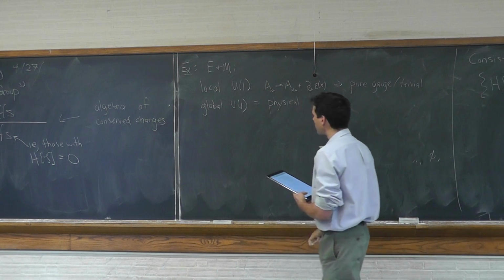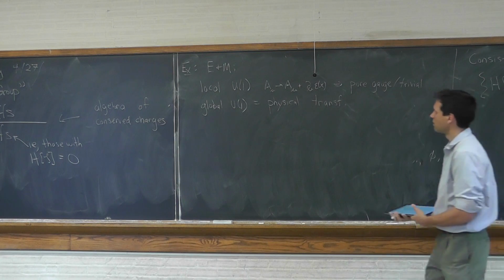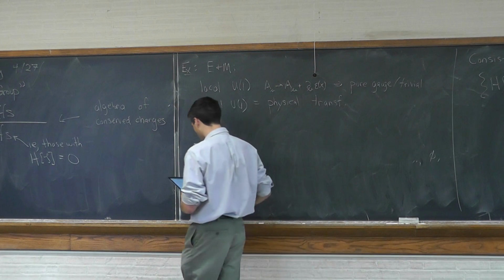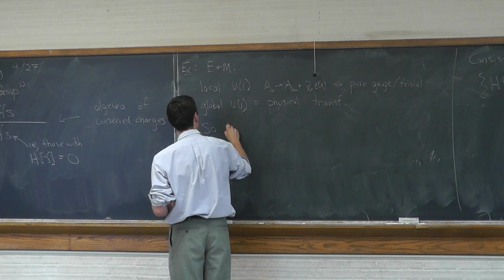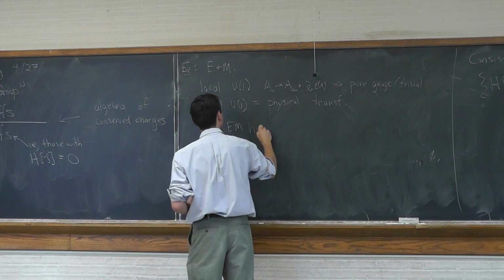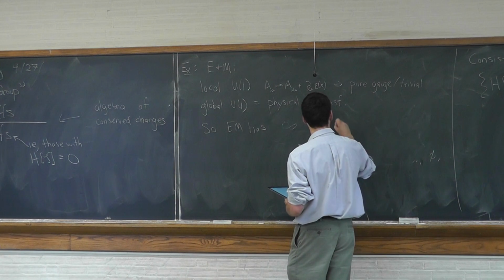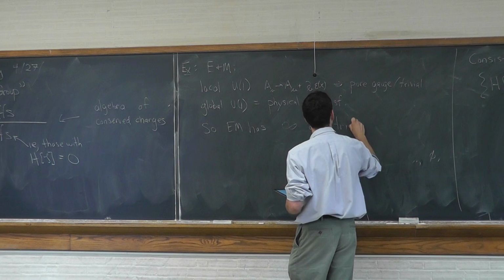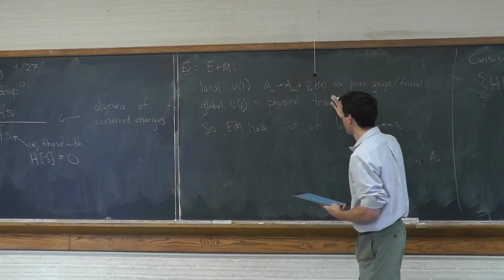So for example, in quantum theory, it's actually acting on Hilbert space. So E&M has an infinite number of trivial symmetries, all functions worth.